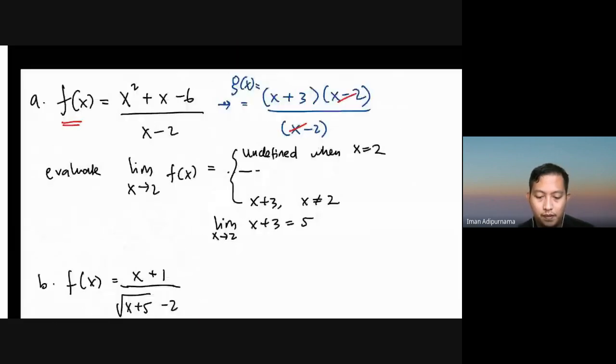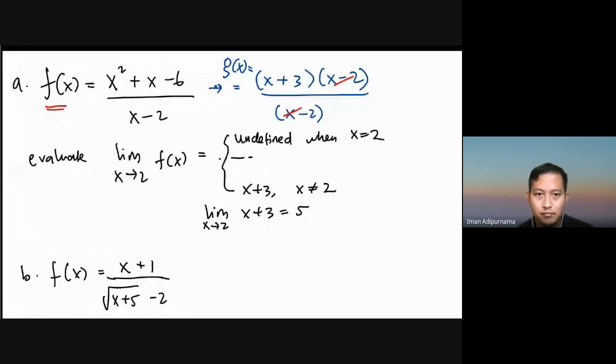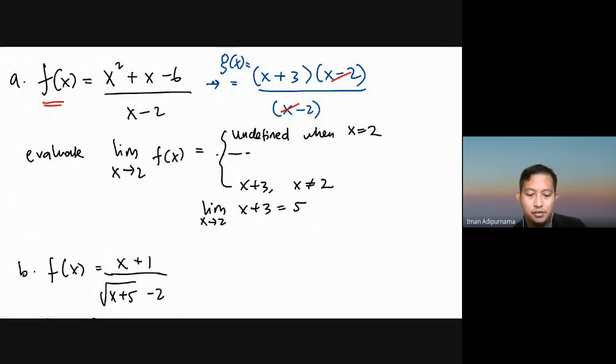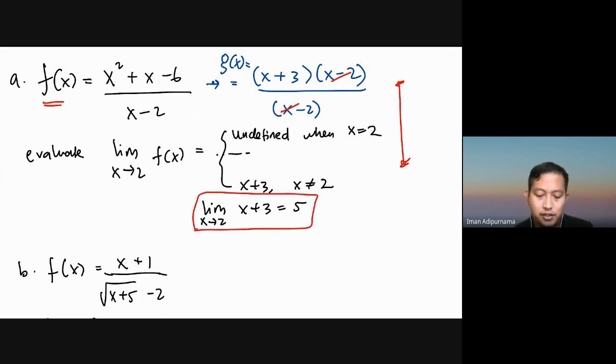Any question first, to get my point here in this part? If you already understand the concept, you know what the function is, how it does, and how the function behaves, I think you can just write directly here if you want.